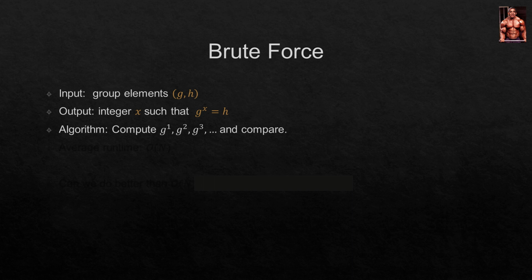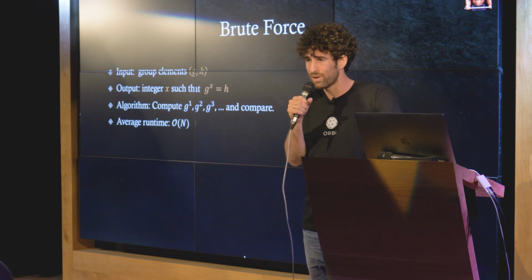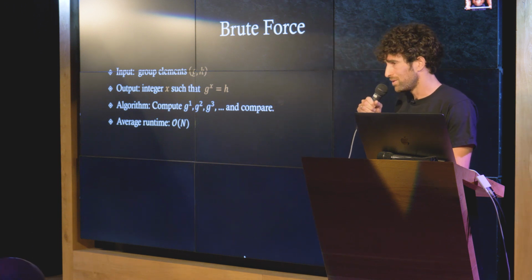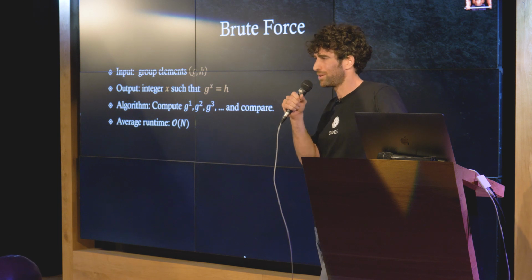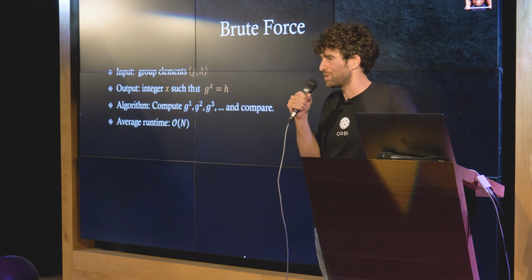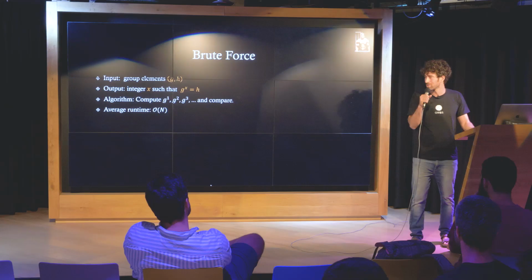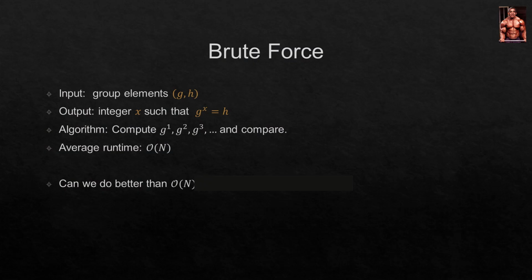You compute g, g squared, g cubed, and so on, and you hopefully hit h after some time. So what's the running time of this? It is on the order of the group size, right? If the number of elements is n, then on average, after O of n steps, you will find a solution. So that's bad. You can imagine groups having a size described with 1,000 digits, and so that's difficult. And the question is, can we do better?